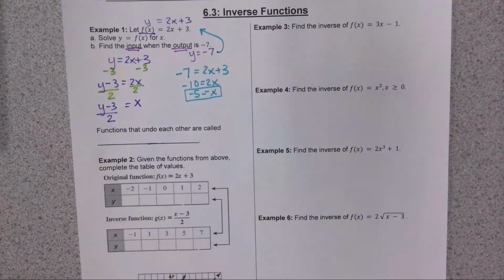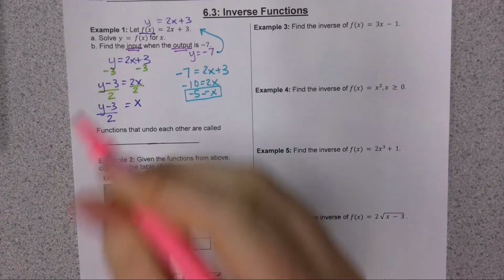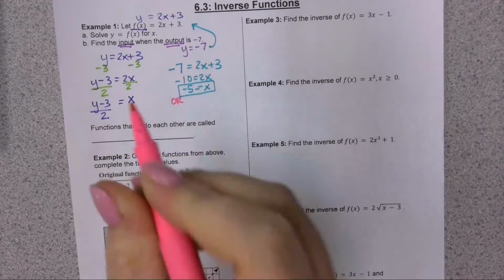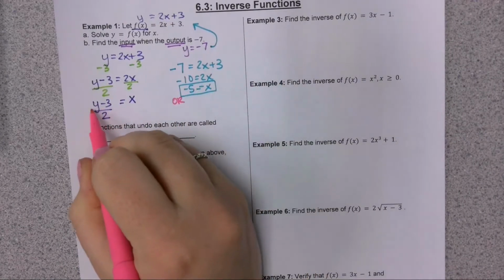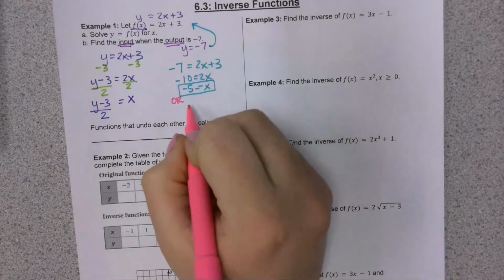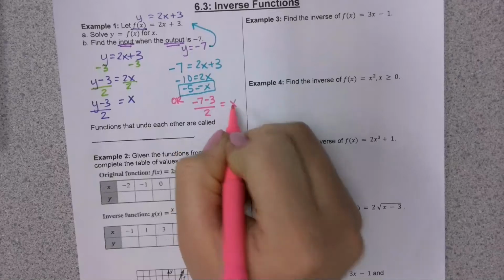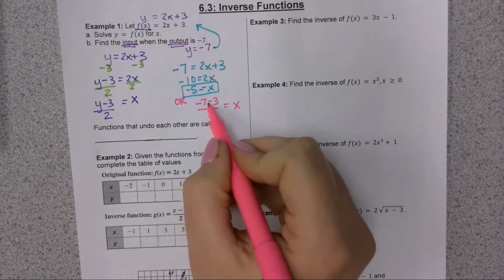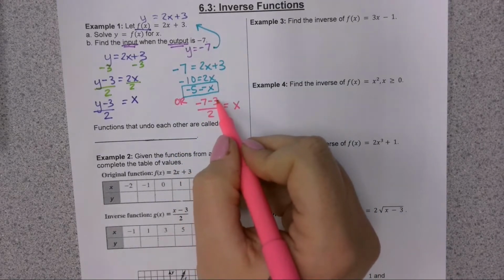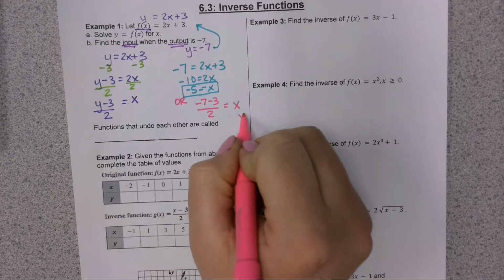Or use our new formula. Take negative 7 and plug it in over here and use negative 7 minus 3 divided by 2 equals x. Well, negative 7 minus 3 is negative 10. Negative 10 divided by 2 is negative 5.